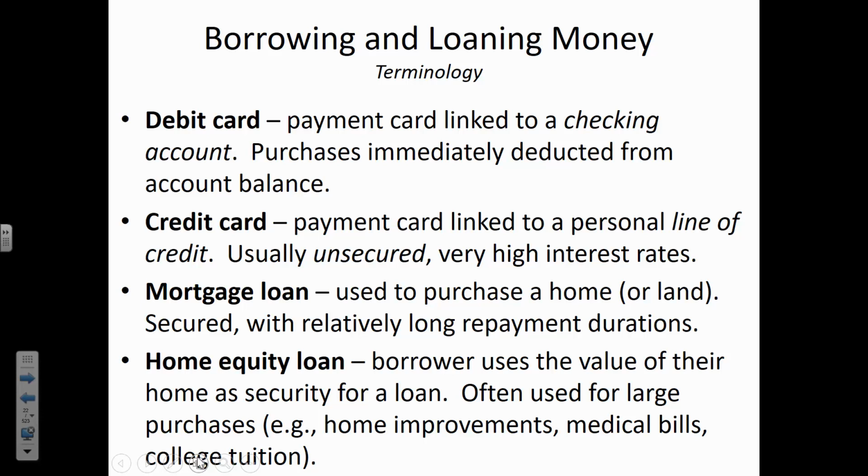Maybe 6% would be a typical home equity loan interest rate. So it would be a lot better to have 6% owed than 30%. Sometimes people use home equity loans for medical expenses or home improvements. So there's a variety of different things available, but what they share in common is that they're secured.